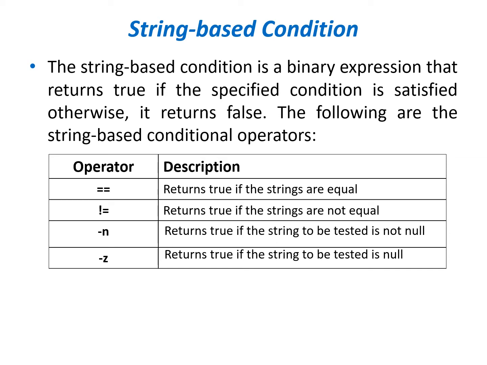Equal to returns true if strings are equal, not equal to returns true if the strings are not equal. Dash n returns true if the string to be tested is not null. And dash z returns true if the string to be tested is null.